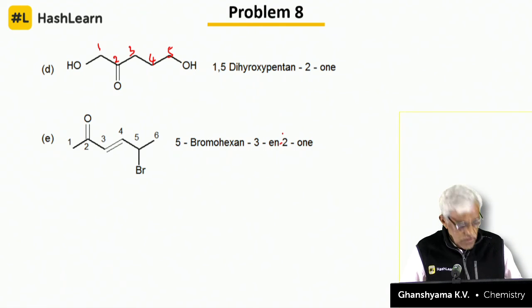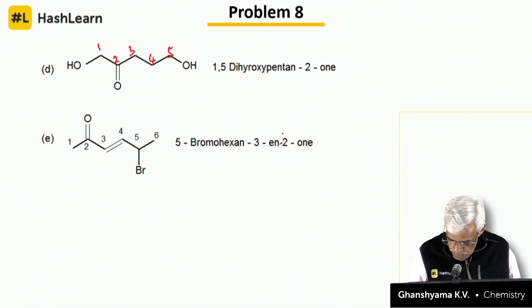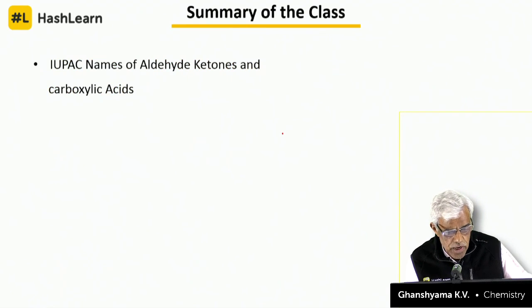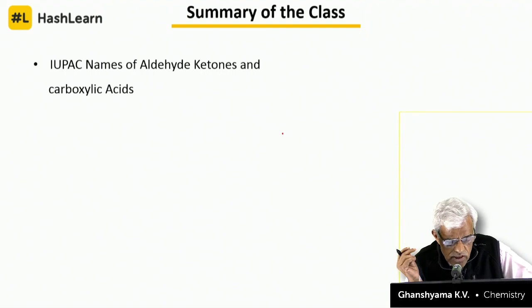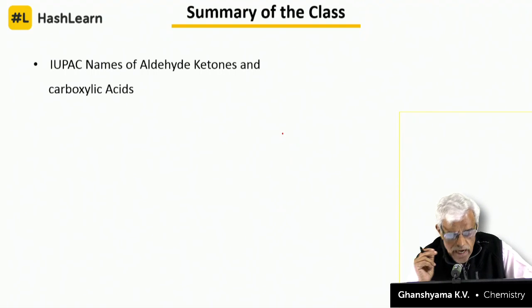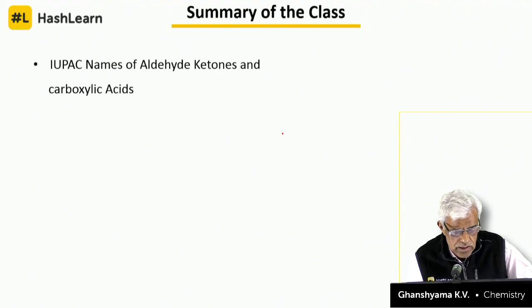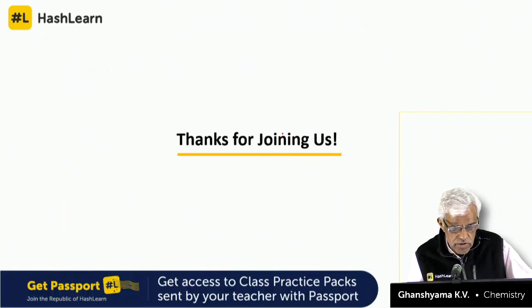So, these are some of the IUPAC names of the compounds. IUPAC names of aldehydes, ketones and carboxylic acids: I have given you a few examples and explained the IUPAC names.